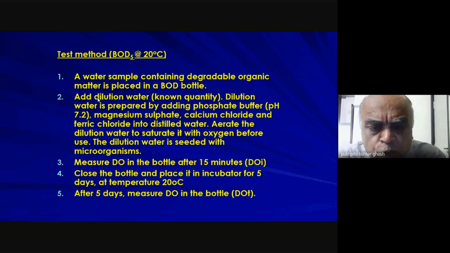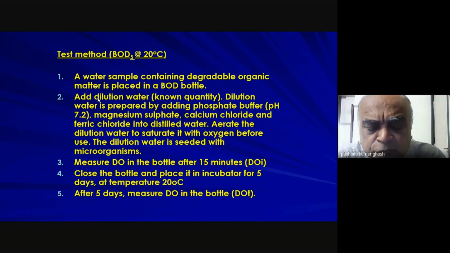So what you'll do is saturate the solution with oxygen initially, and then after about 15 minutes you can measure the amount of dissolved oxygen, and then you close the bottle and leave it incubating for maybe 5 days. And after 5 days, presumably some of that oxygen would have been consumed in doing this degradation.